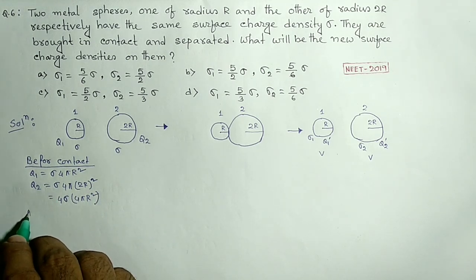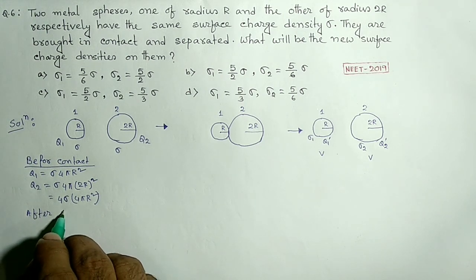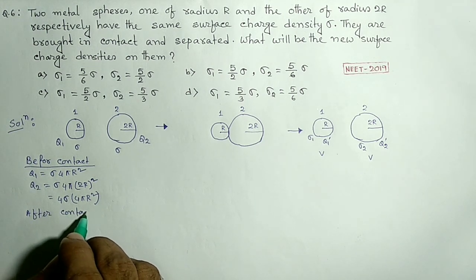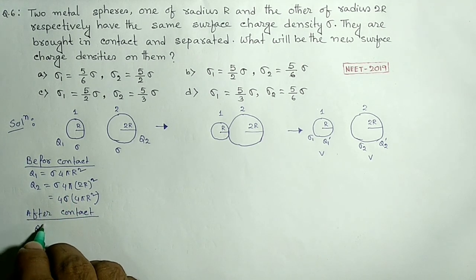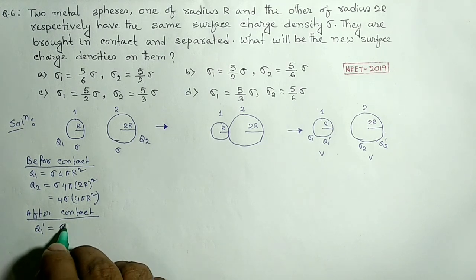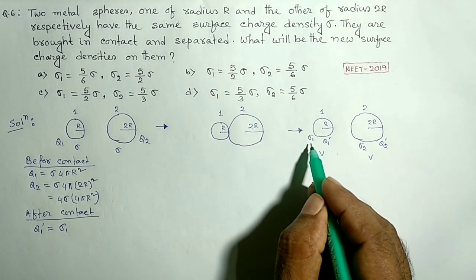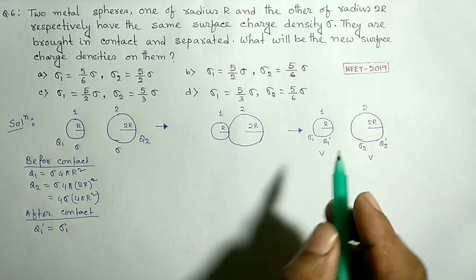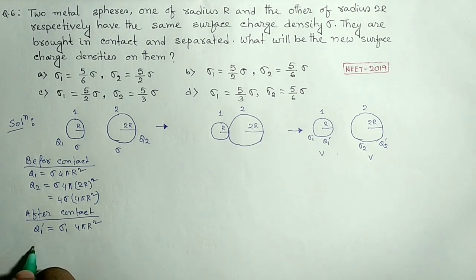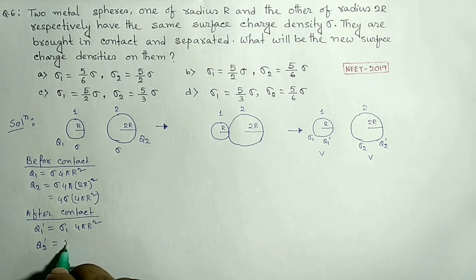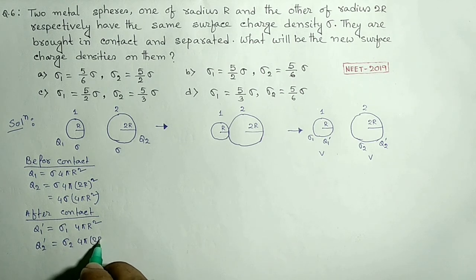Now after contact, Q1 dash equals sigma 1 into 4 pi r square, where sigma 1 is the surface charge density on the first sphere, and Q2 dash equals sigma 2 into 4 pi 2r square.